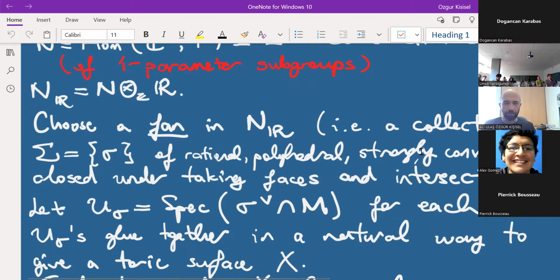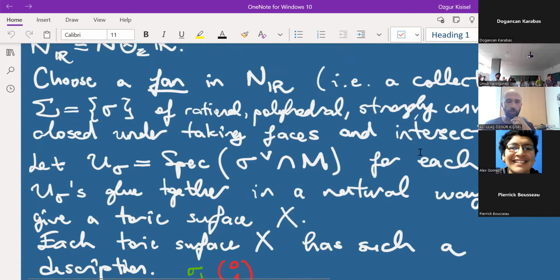The point of a fan is, because of the containments of faces of cones inside cones, this tells you a natural way to glue together these U sigmas. That comes automatically with the information of a fan. And altogether, this gives you the toric surface. And each toric surface X does have such a description if you start from this abstract definition, T acting on T, though you would also have to assume normality, but apart from that, it would have a fan description.